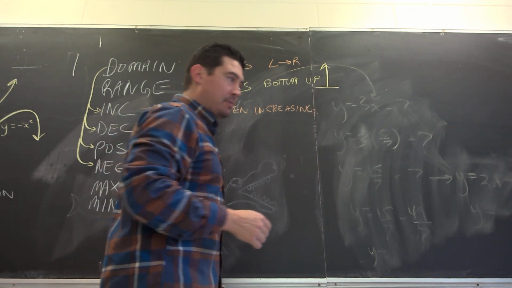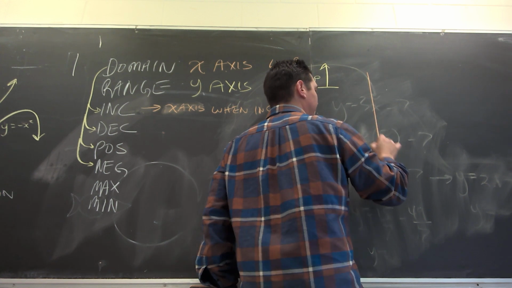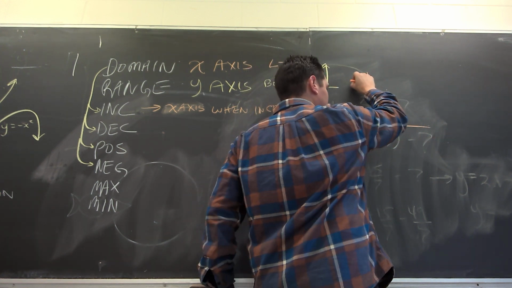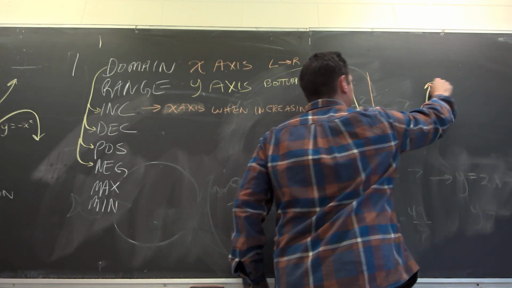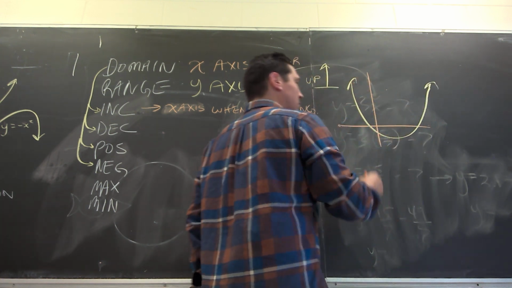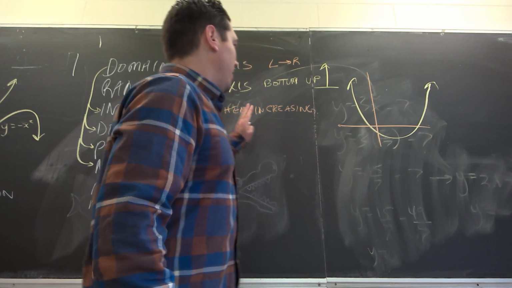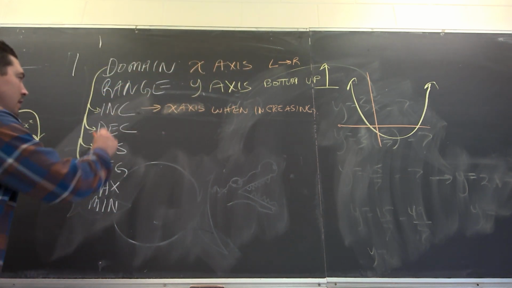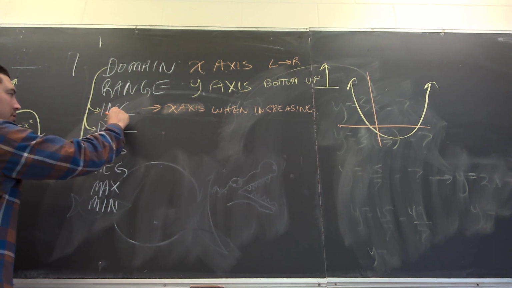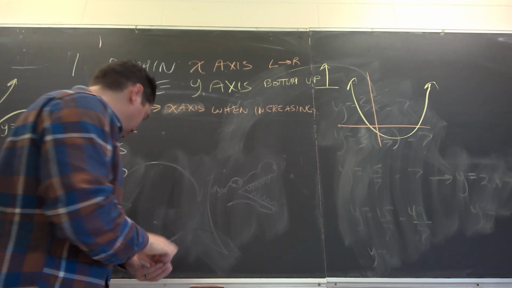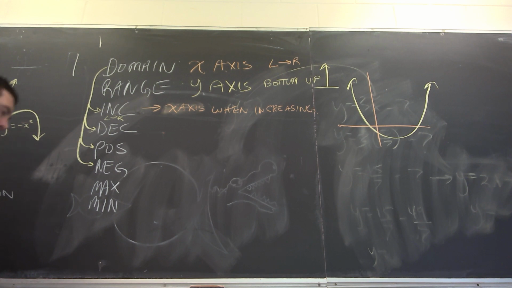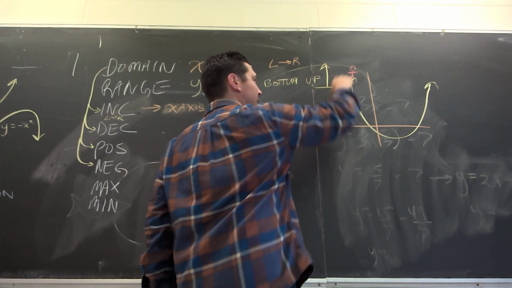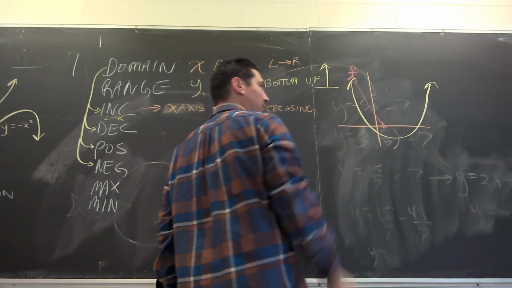So, for example, if I had something that looked like this guy here, a parabola, where is this guy increasing? Well, when I'm talking about increasing, the same rules apply as for domain. I'm always looking left to right. So think about if you were just a little dude, starting on the far left, you'd be walking downhill.